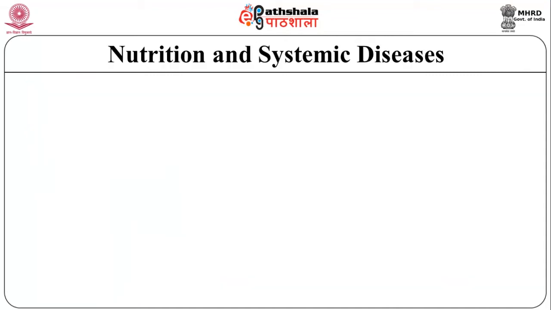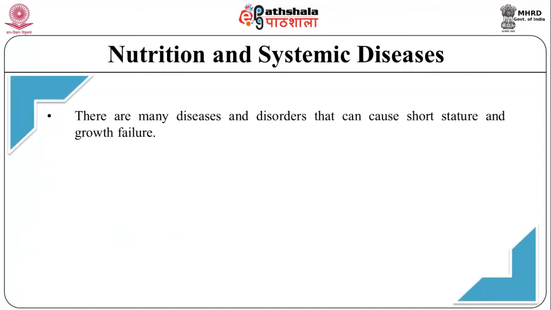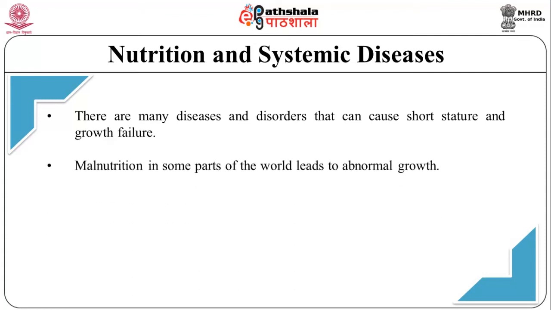Nutrition and systemic diseases. There are many diseases and disorders that can cause short stature and growth failure. Malnutrition in some parts of the world leads to abnormal growth. There are a number of intestinal disorders which may lead to poor absorption of food. Failure to absorb nutrients and energy from food then leads to growth failure.